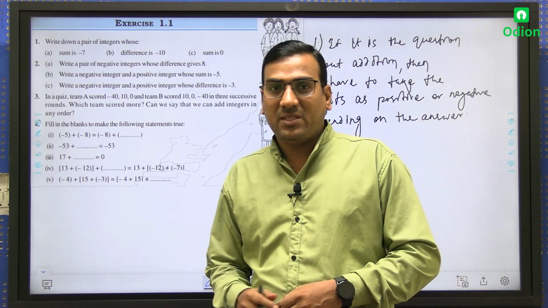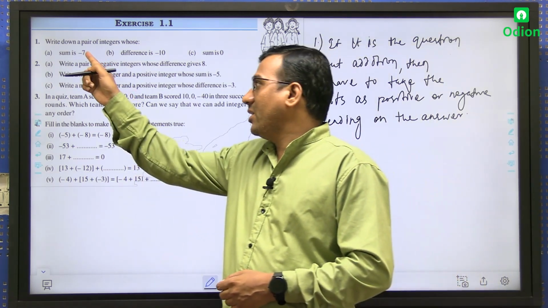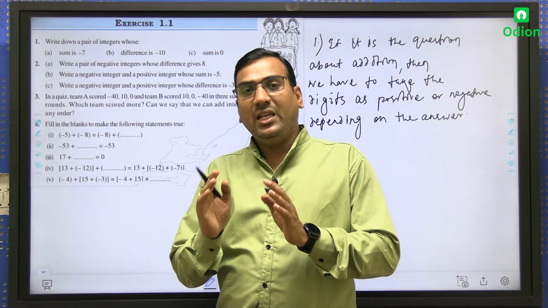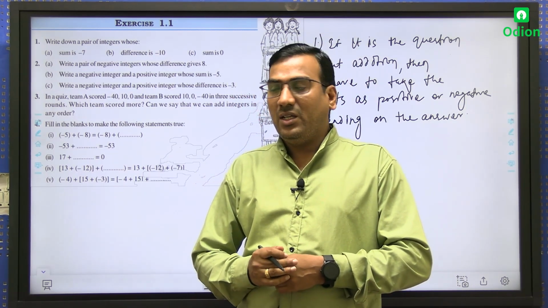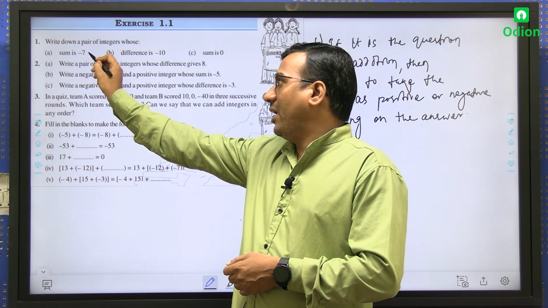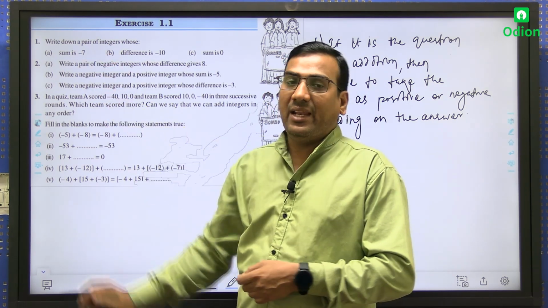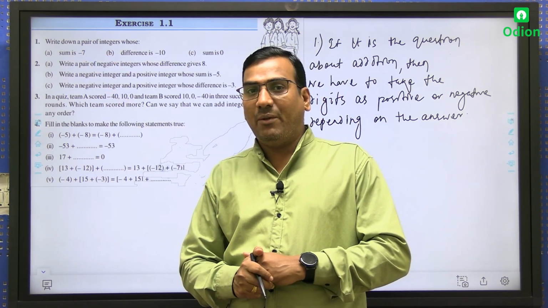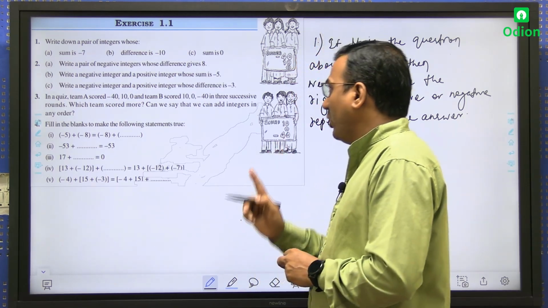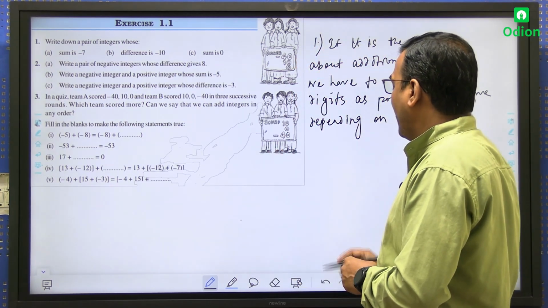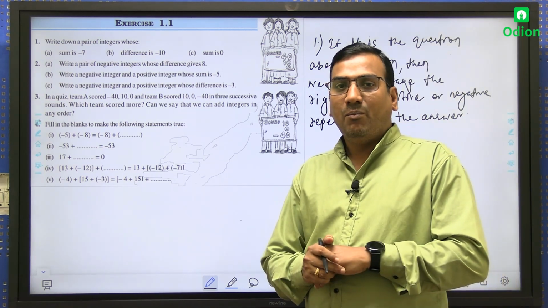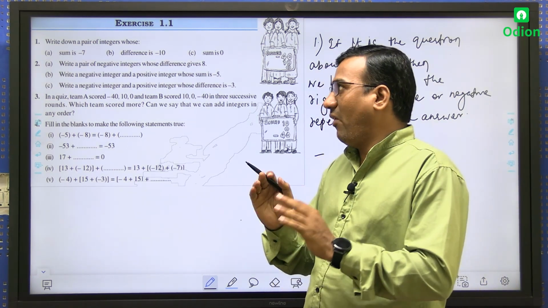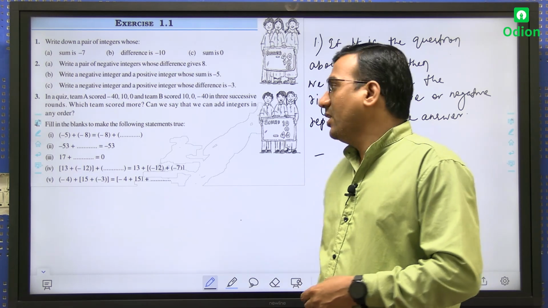What does it mean? If the answer is -7, then you have to take these two digits with negative symbols. It means -7. The sum is -7. Then what digits do we have to take? We have to take two digits and the sign of these two digits should be negative. Then it will be easier to find these two digits.